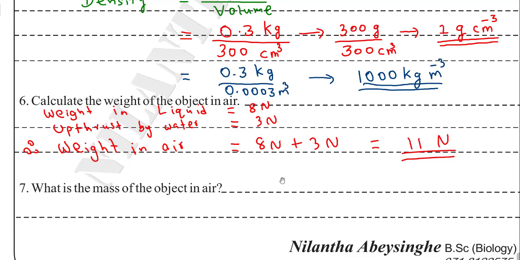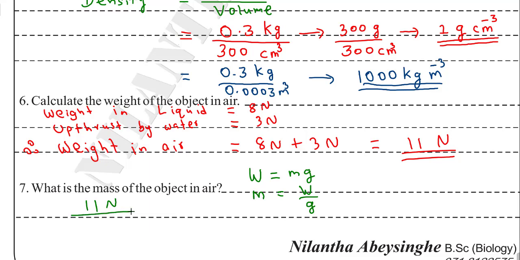Then you will find more and more questions on this one, because actually these are considered the most difficult thing, because children don't understand these things very easily. What is the mass of the object in the air? Earlier also I gave similar things coming for questions in physics. W equals mg. Then mass equals W divided by g. Weight is 11 Newton.